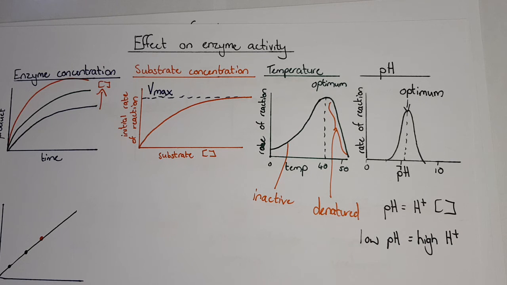So the more hydrogen ions you have, it starts to affect all of those bonds in the proteins, and specifically in our tertiary structure. And once it starts to interfere with that, it's going to start to break up that active site, because the hydrogen ions are starting to bond instead of bonding to the amino acids inside the protein.